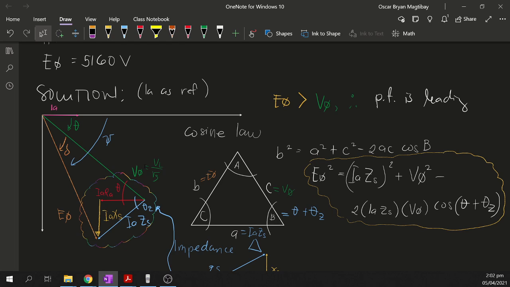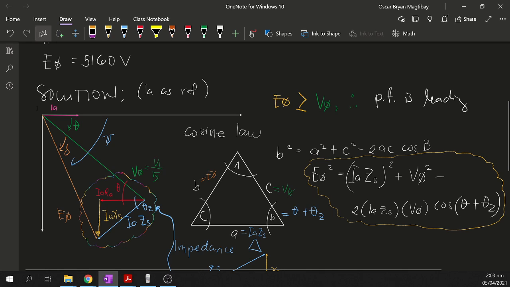Again, in our discussion, pag motor, if your E phase is greater than or equal to V phase, then therefore your power factor is leading. So ito yun, yung kulay green, which is equal to VL over square root of 3. Then, syempre, yung IA Ra kabawasan, then IA Xs is pababa. It is out of phase by IA Ra by 90 degrees.